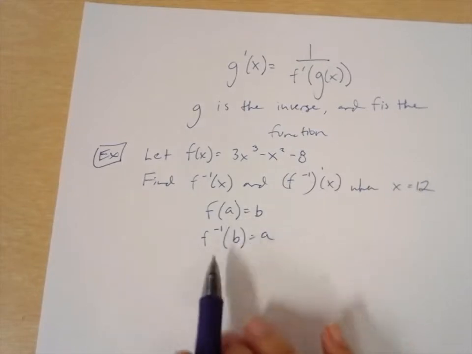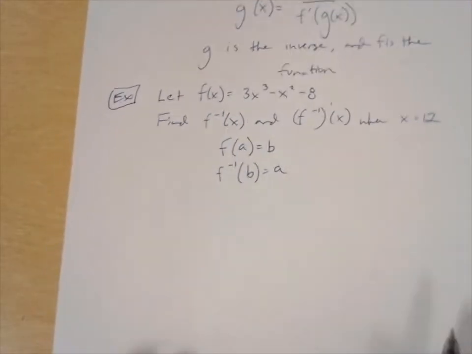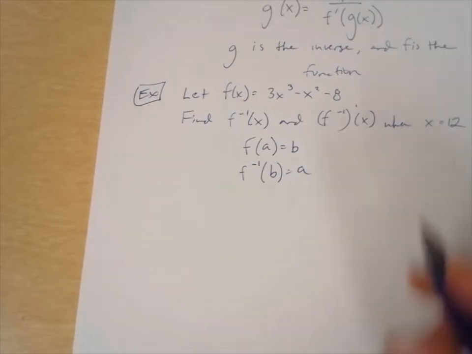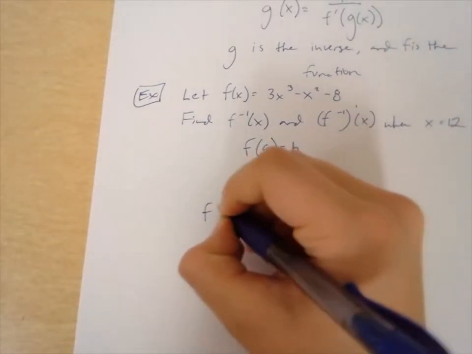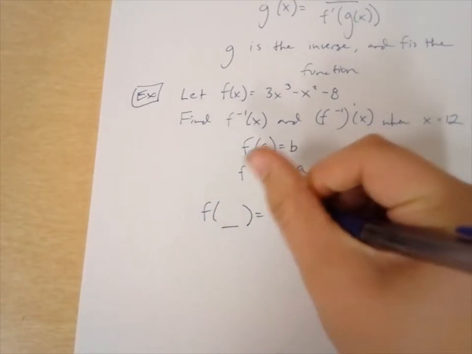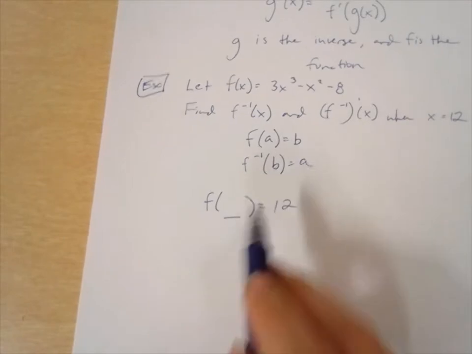The domains and the ranges switch. So what we can do is we can use this information. What we can do is we can find the y value, the f of what equals 12, right? And we're going to fill in this blank by looking at a graph.